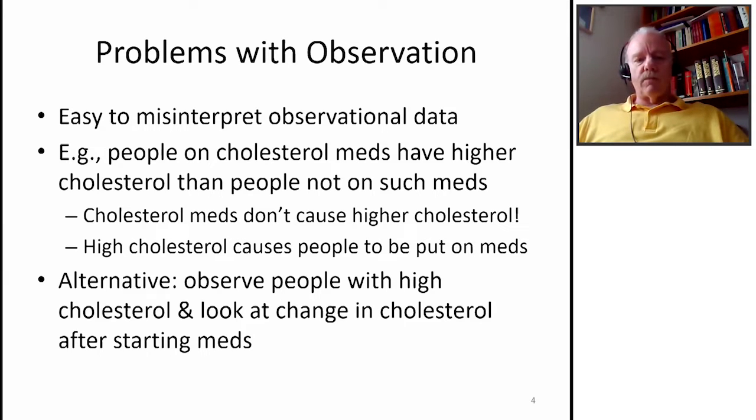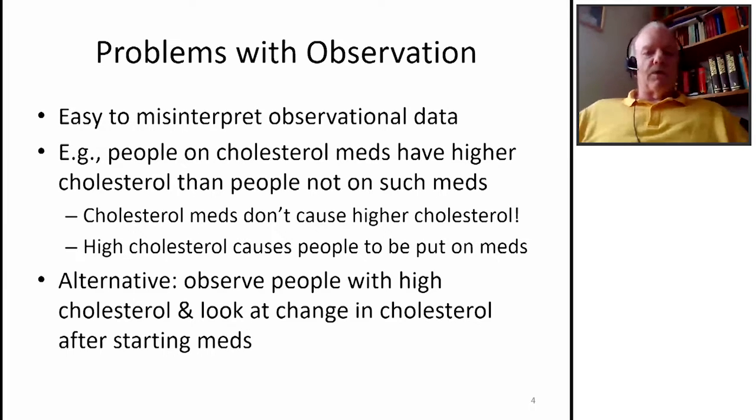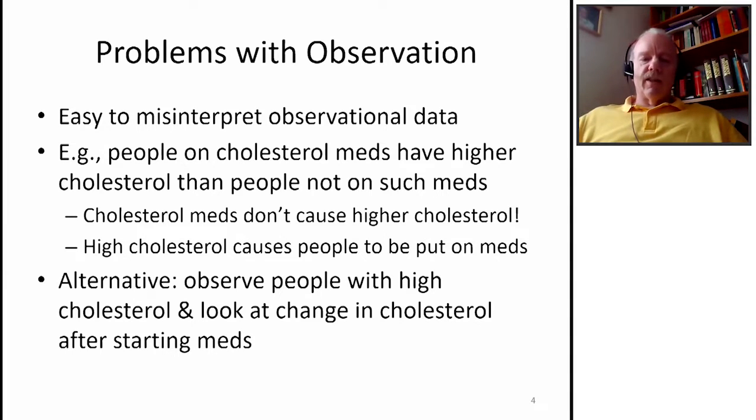Now, what's the problem? It's easy to misinterpret observational data, and I'm going to give you an obvious example, which is cholesterol medications. Let's suppose you want to know the effect of cholesterol medications on cholesterol. Well, if you just foolishly said, I'm going to compare everyone on cholesterol medications to people not on cholesterol medications, then of course the people who are on the cholesterol medications have higher cholesterol.